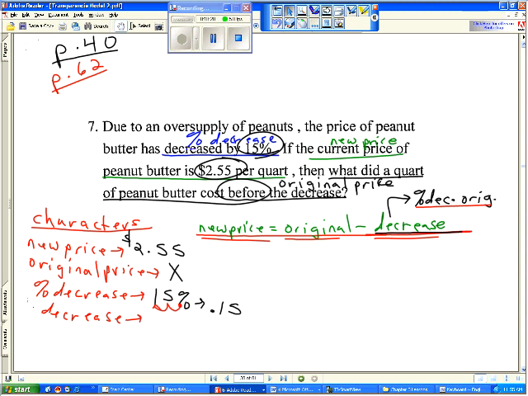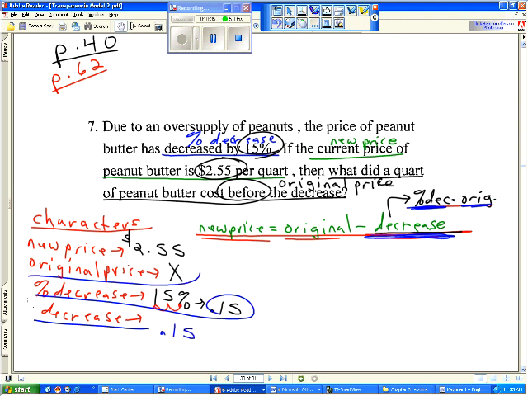Now, how do you find the decrease? Percent decrease times original. Decrease is equal to percent decrease times original, X. So my decrease is 0.15x. You understand that?